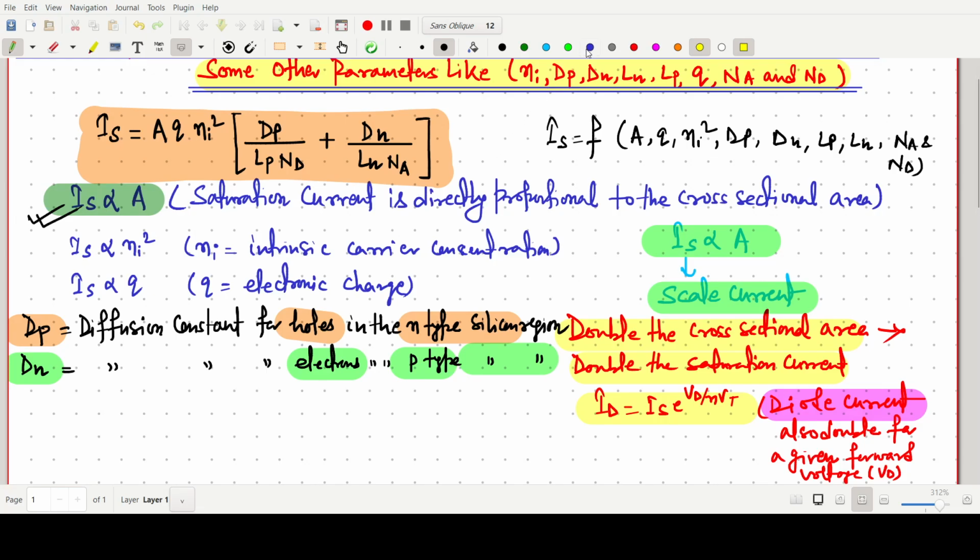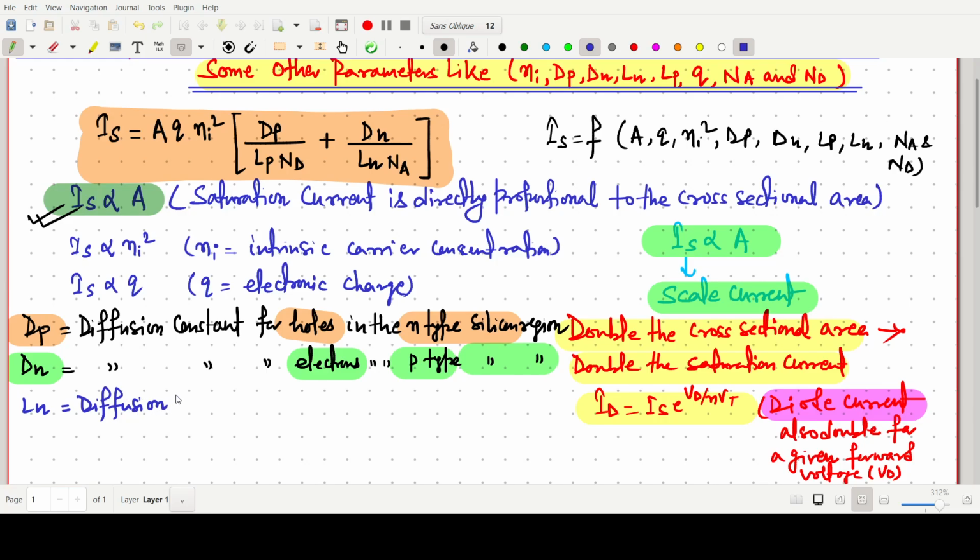The other thing is Ln and Lp, the diffusion lengths. We are not going into more details; if you want more detail, you can follow the microelectronics circuits book.